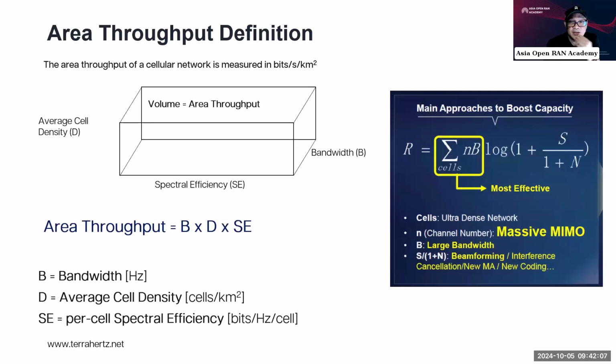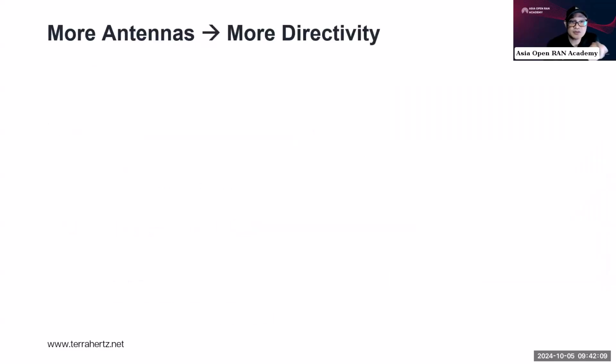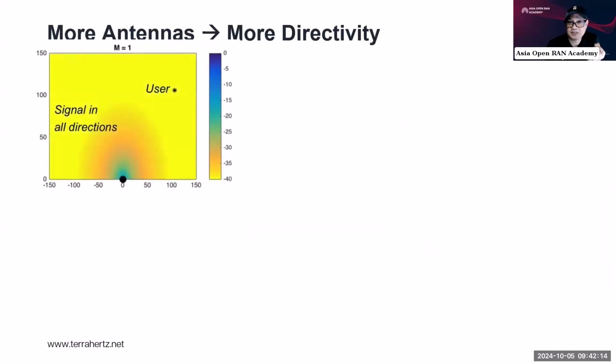So, ano yung massive MIMO? So this is an illustration coming from one of the experts in Ericsson, Emil. He's based in Sweden, and I got this from his YouTube channel.